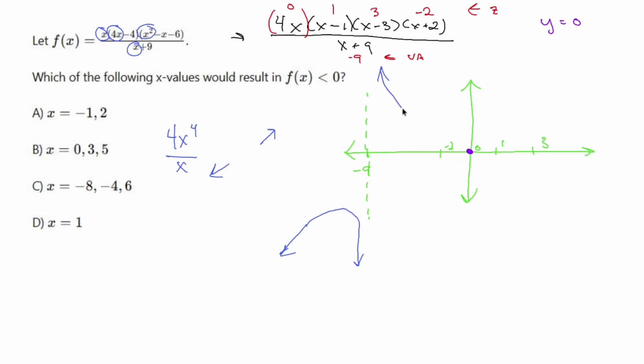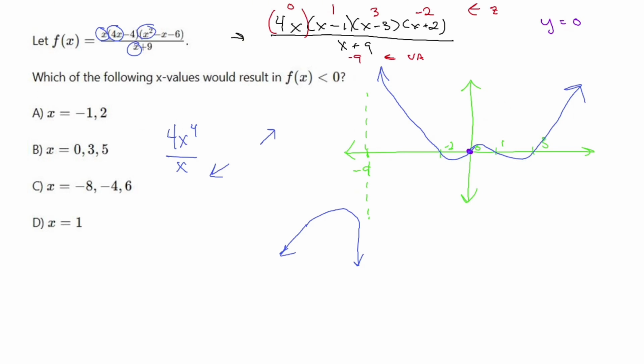It's going to come down, go through negative 2, and then come back up and go through 0. Now no asymptotes again, so it's going to come back down through the 1 and then back up through the regular 3 and go that way. Now, is this going to be the exact picture? No, absolutely not. But this is what this is going to give us.